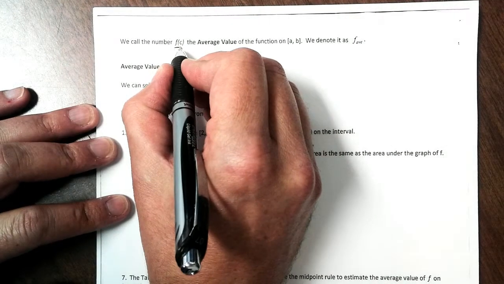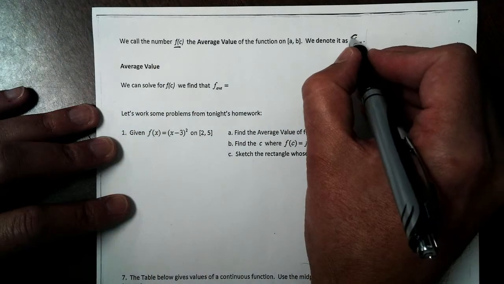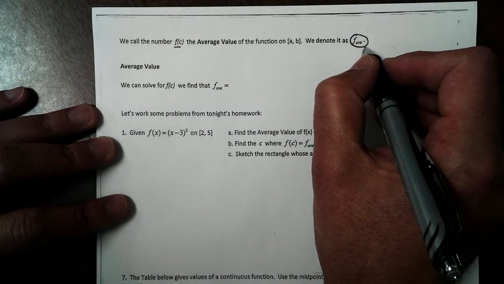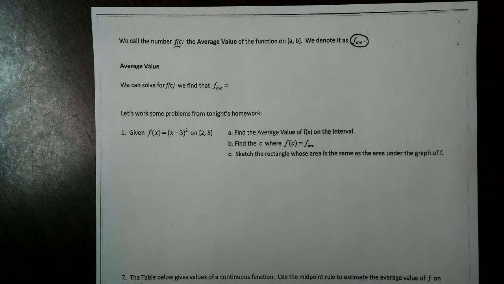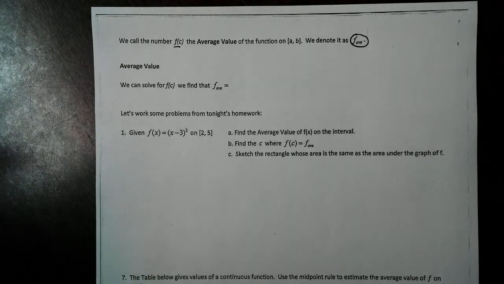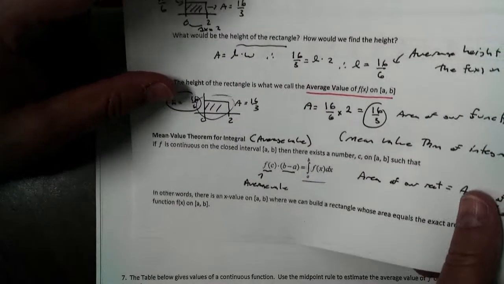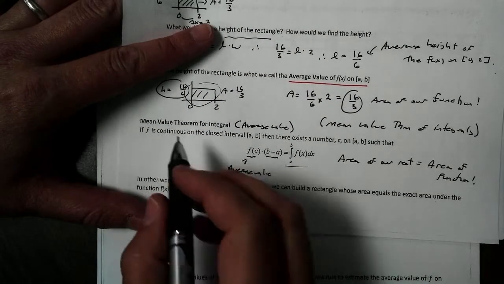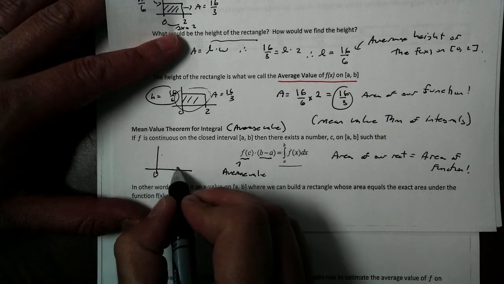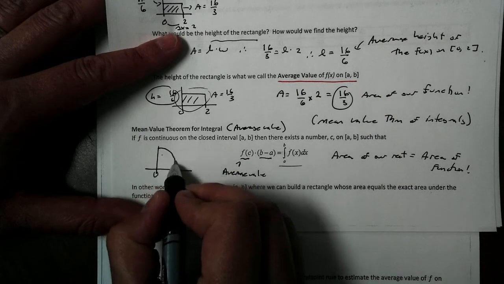So another way we denote f of c is by using this terminology here, f sub ave. If we go back to our original integral right here, what that's telling us is, remember I have this parabola right here from 0 to 2 at a height of 4 up here.